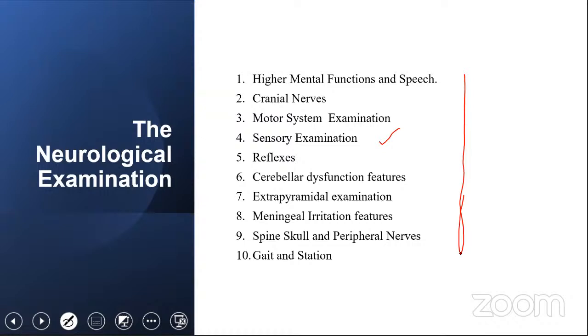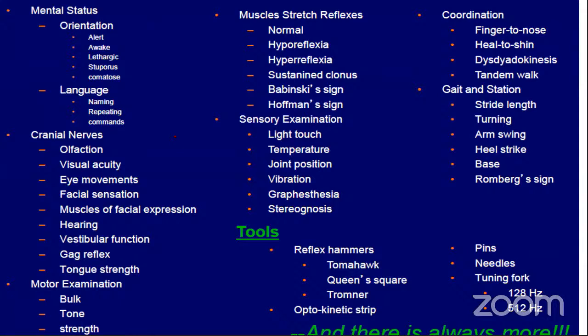We'll learn some of these aspects in the bedside teaching, and here it will be a sensitization of what functions are very important for us to learn. The first important function is the level of sensorium: how the individual is oriented to time, place, person, and what his language functions are. Then how the cranial nerves are working: olfaction, hearing, vestibular function, the tongue.